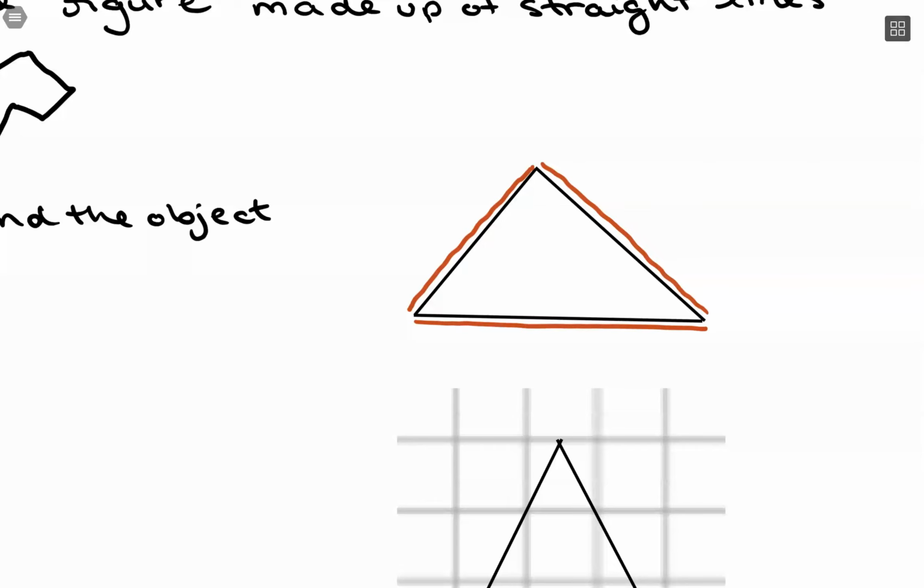Imagine I had a piece of string or yarn and I started measuring here, and I just laid the string along the outside, and along the outside, and along the outside until I looped back to where I started. Then you could take that string and lay it flat on a surface, and with a ruler measure how long is this piece of string that would go all the way around.